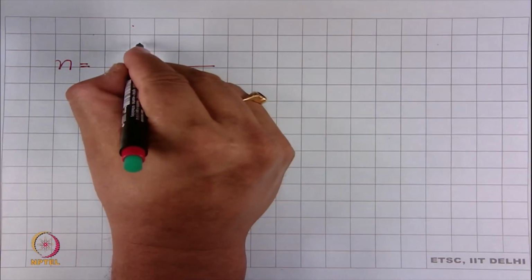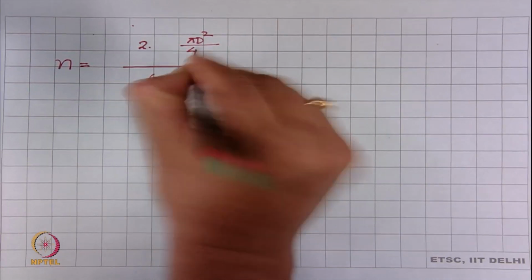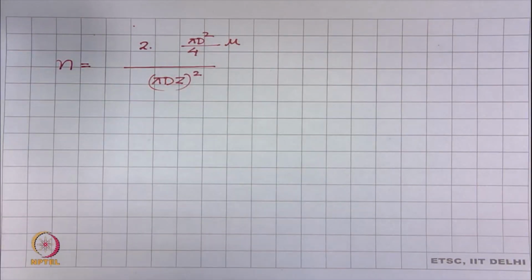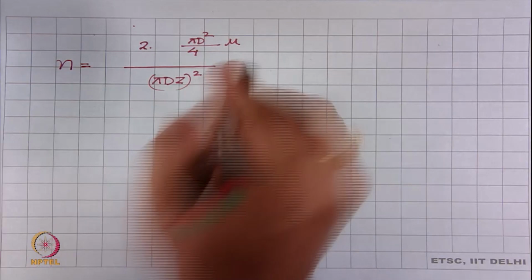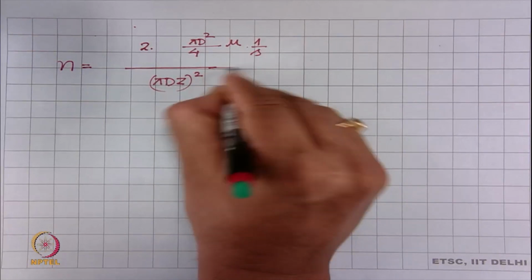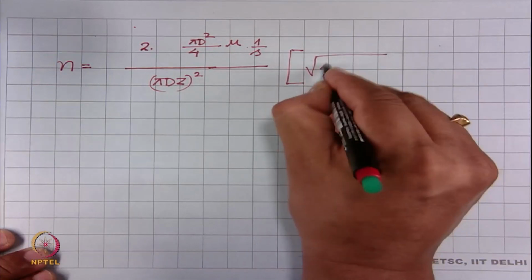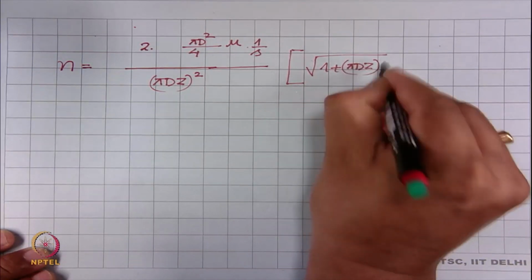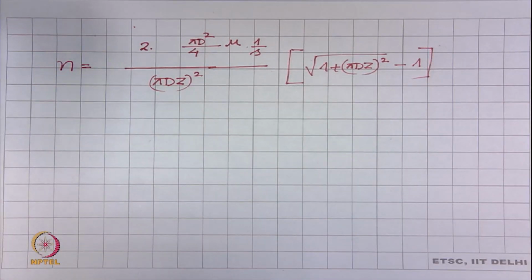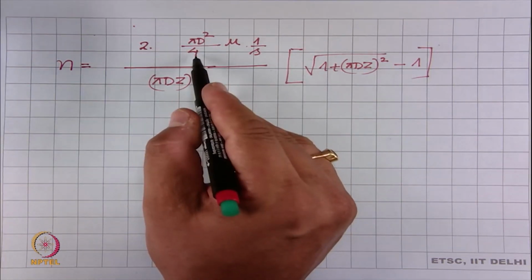We will write 2 into pi d square by 4 into mu into 1 by s, root over 1 plus pi dz square minus 1, over pi d square by 2 s into mu.